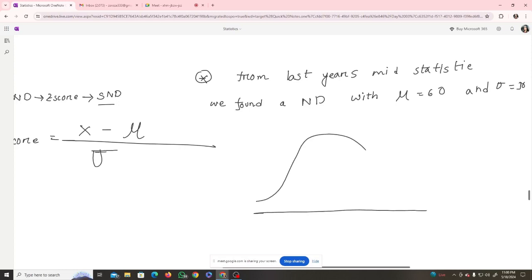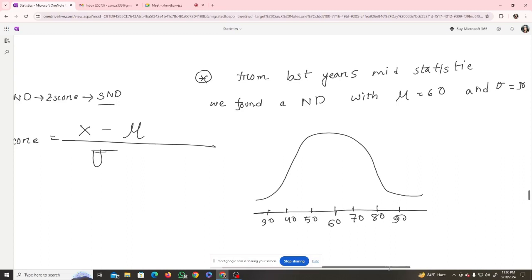So let's just draw something. Since the mean is 60, the average people got 60 marks and the standard deviation is 10. So one standard deviation to the right, two standard deviations to the right, three standard deviations to the right, one standard deviation to the left, two standard deviations to the left, and three standard deviations to the left.